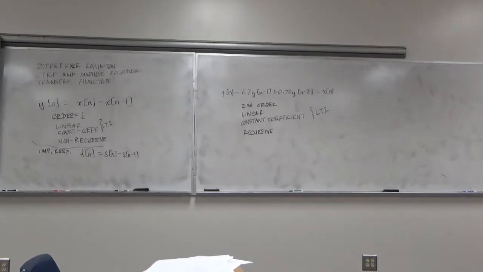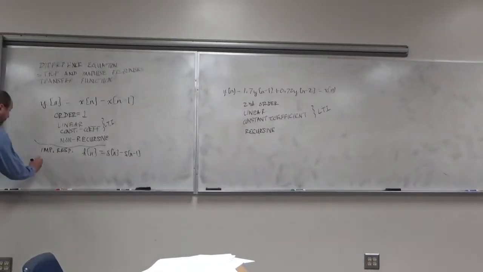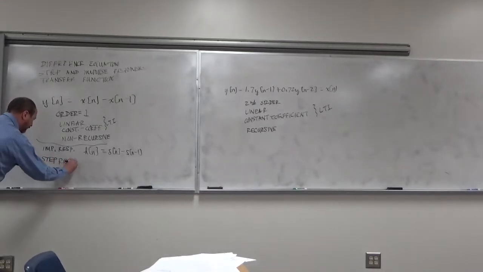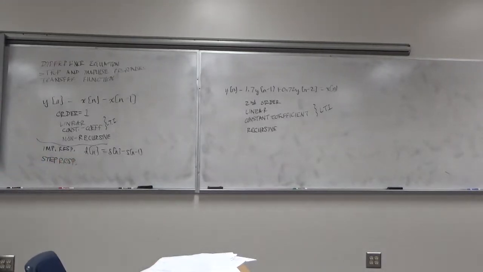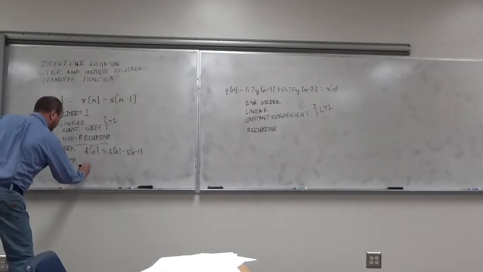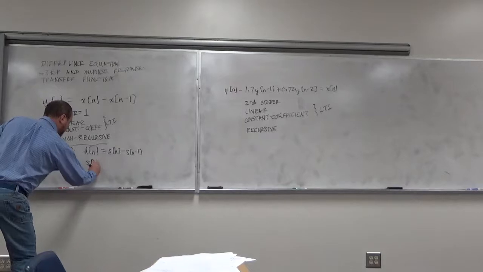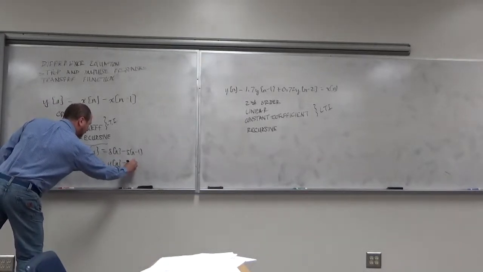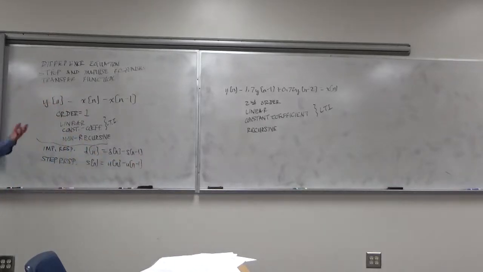That's it. Done. Step response. The step response, by definition, is just the output when you put in a step. I'm going to call it s of n, and it is u of n minus u of n minus 1. Done. Right there it is.